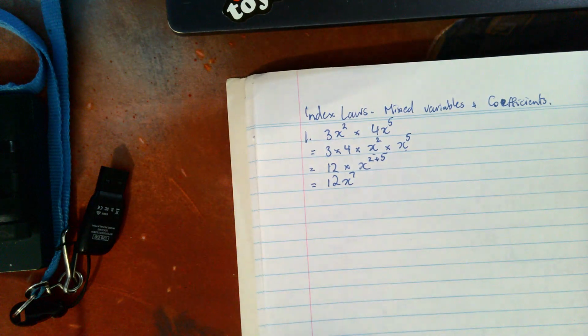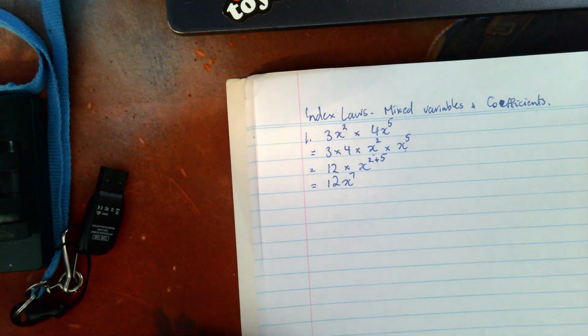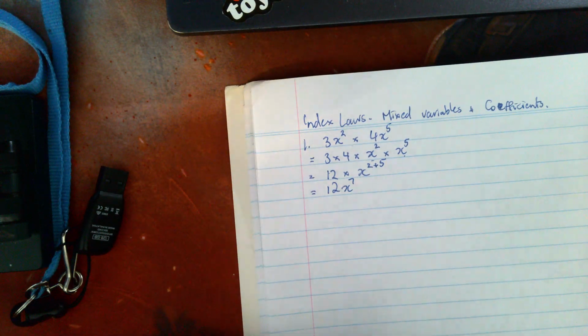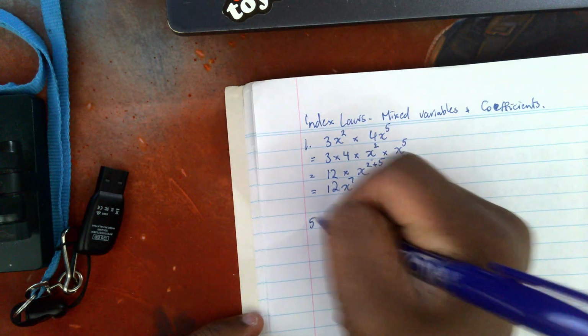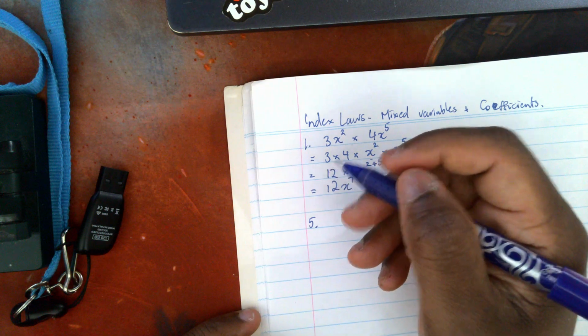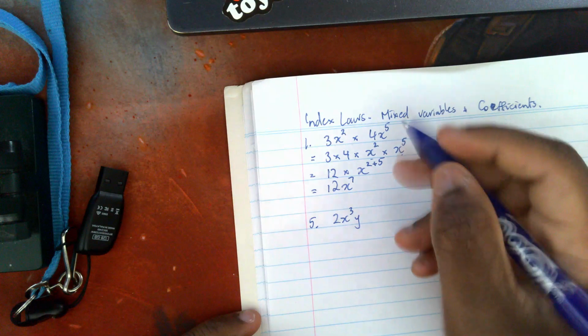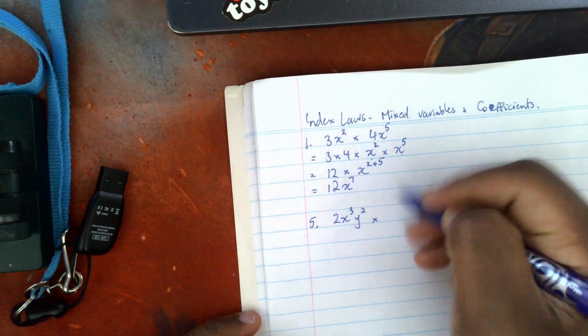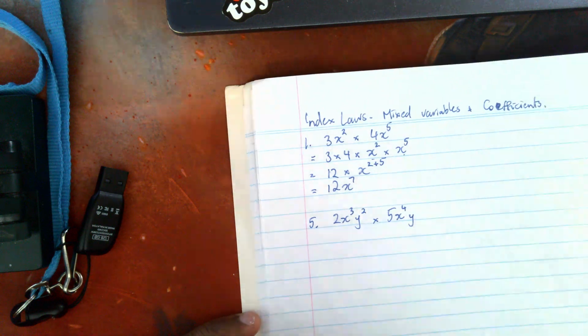Alright, let's pick another one. I'll do another multiply one. Let's go with number 5. Number 5 is 2x cubed y squared times 5x to the 4th y.